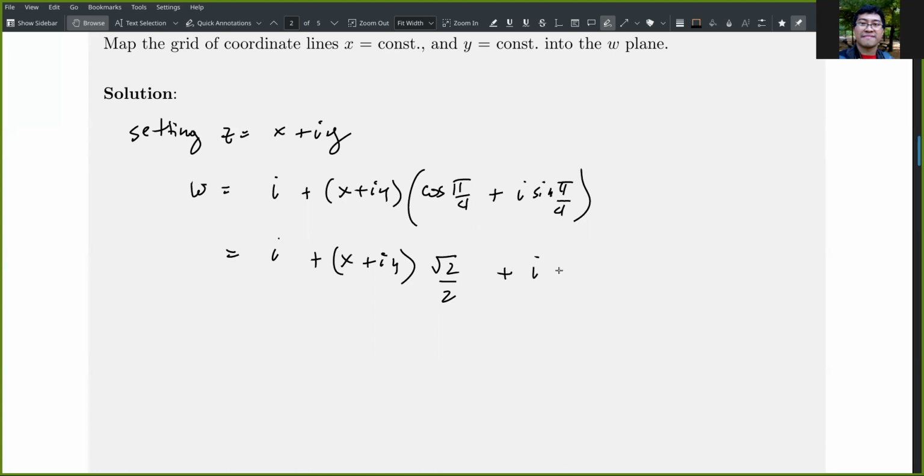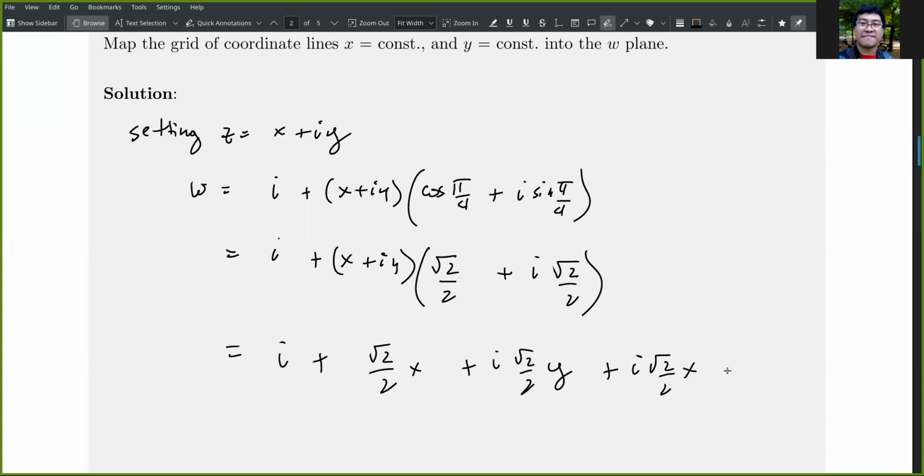Sine is the same. It's square root of 2 over 2. And then distribute terms. So you have square root of 2 over 2 x plus i square root of 2 over 2 y, plus i square root of 2 over 2 x minus square root of 2 over 2 y. This and this.